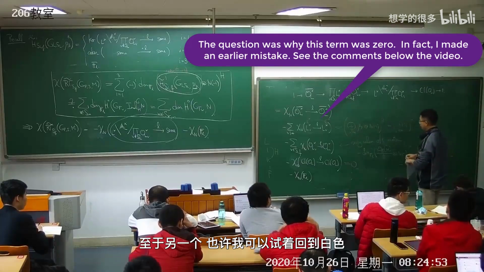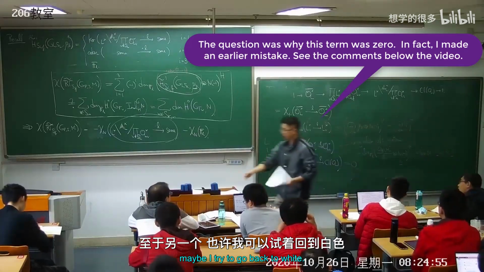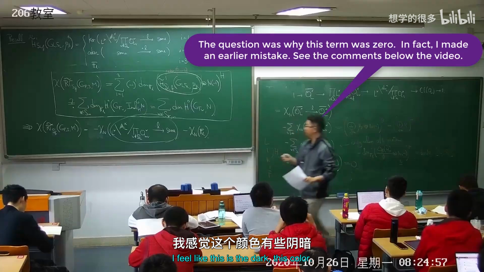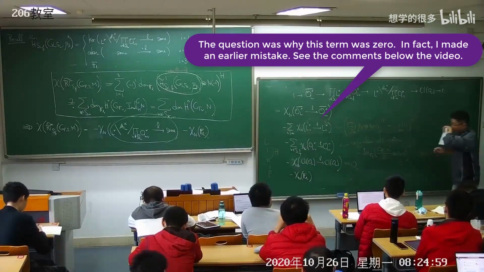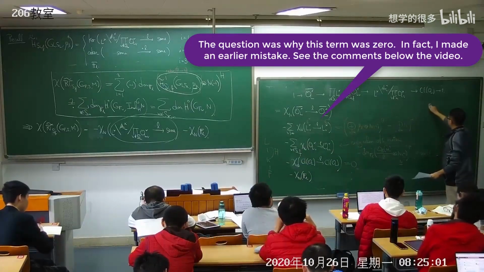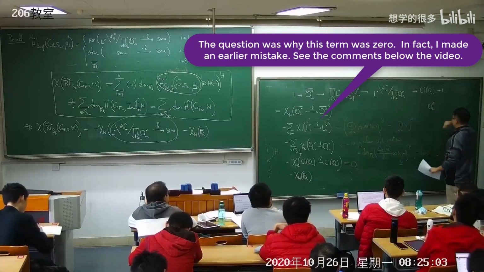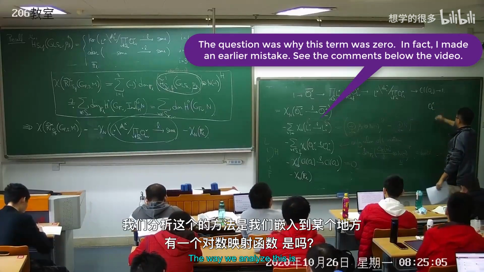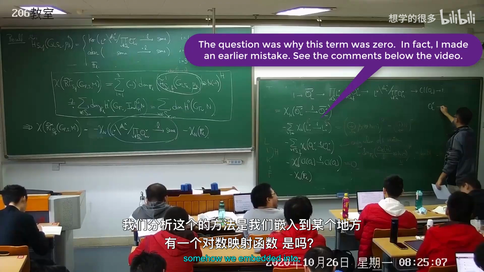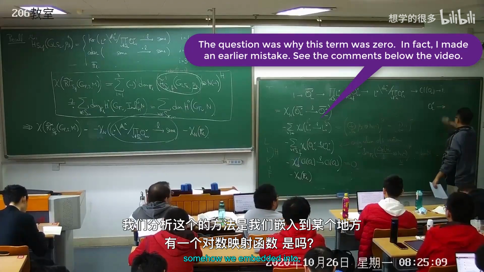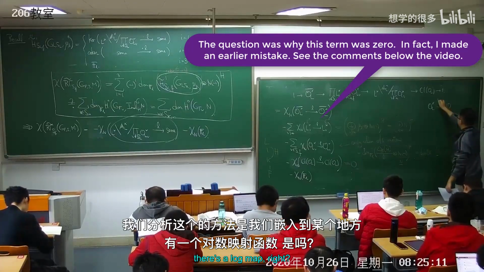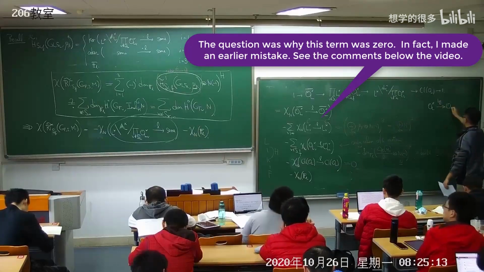So for the other one, maybe I'll try to go back to white. I feel like this color is a bit dark. So let's recall how we did this. So we have OL. The way we analyze this is somehow we embed it into, there's a log map, right?